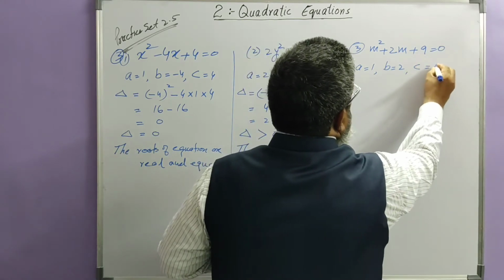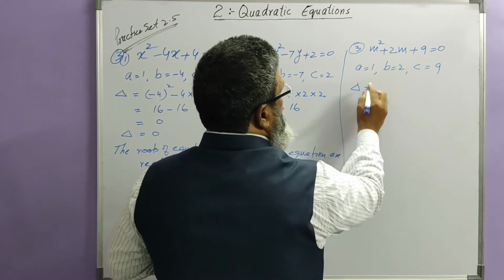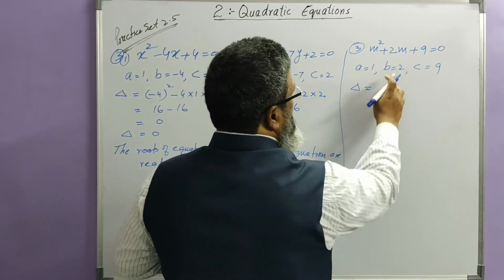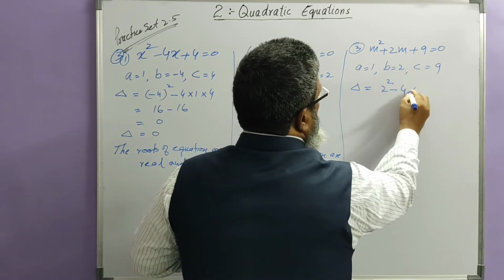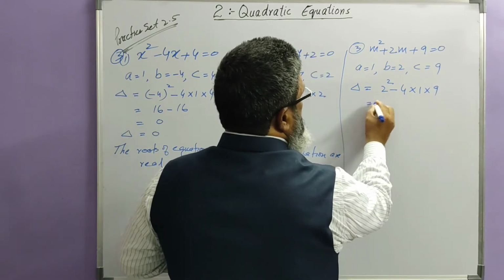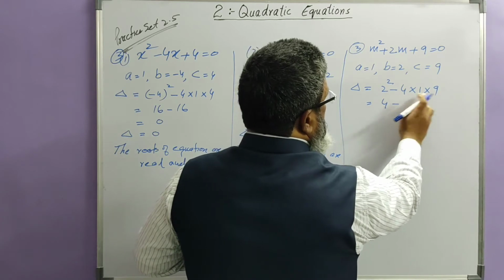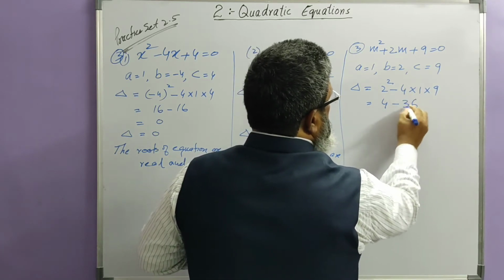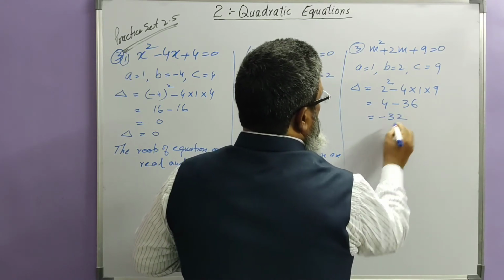Now, in the third question, by comparing, a is equal to 1, b is equal to 2 and c is equal to 9. Find the delta. Delta is equal to b square minus 4ac. b is 2 square minus 4 into a into c. This comes 2 square is 4, minus 9 ones are 9, 9 fours are 36, is equal to minus 32.